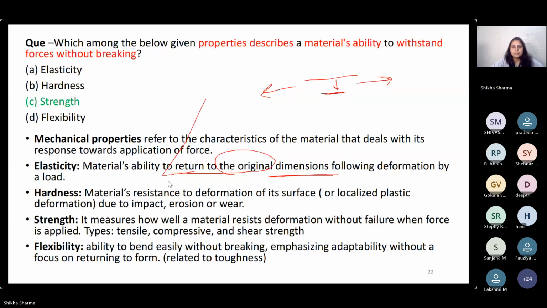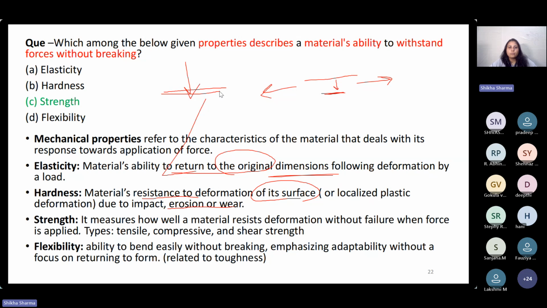Hardness is basically the material's resistance to the deformation of its surface due to impact, erosion, or wear. If we are putting some force like impact force, how much is the material's resistance before it deforms.